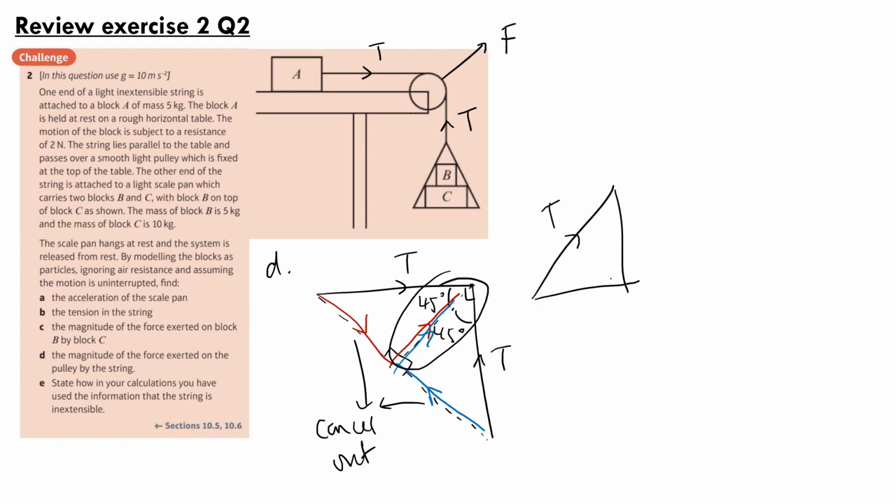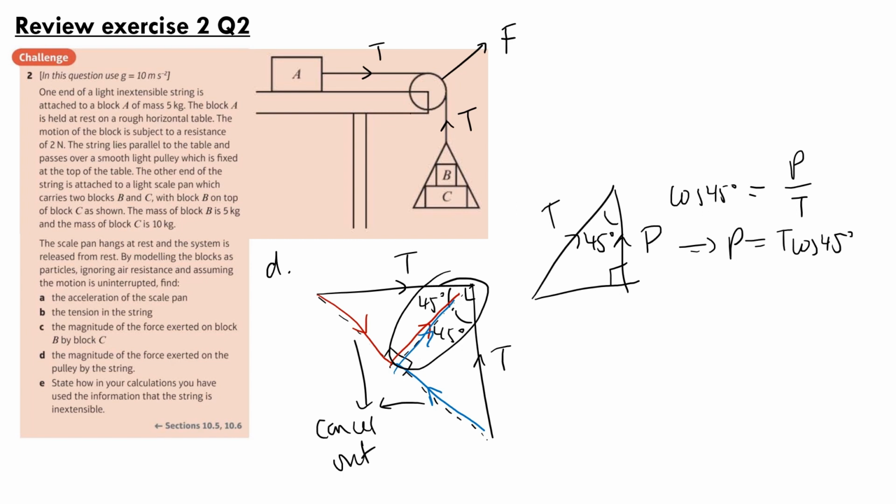So if we draw out one of these triangles, we have the right angle here and 45 degrees here. We can see that cos of 45 degrees is going to equal this force here. Let's call that P. So cos of 45 degrees is equal to adjacent over hypotenuse, so that's P over T. And therefore we get that P is equal to T cos 45 degrees. We have two lots of those forces here, the one in red and the one in blue.